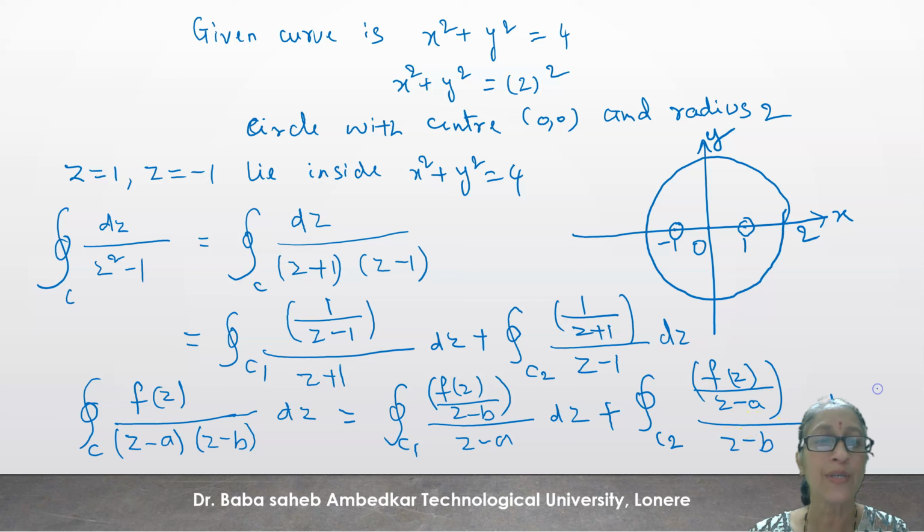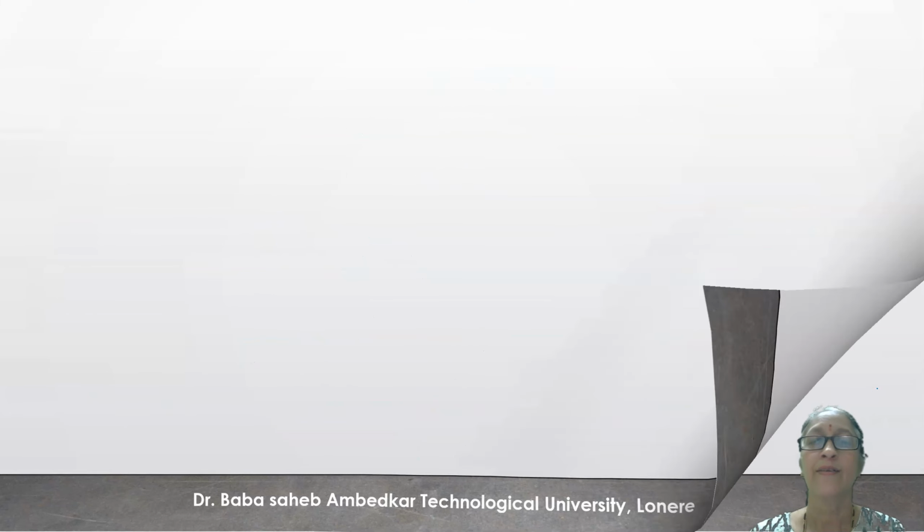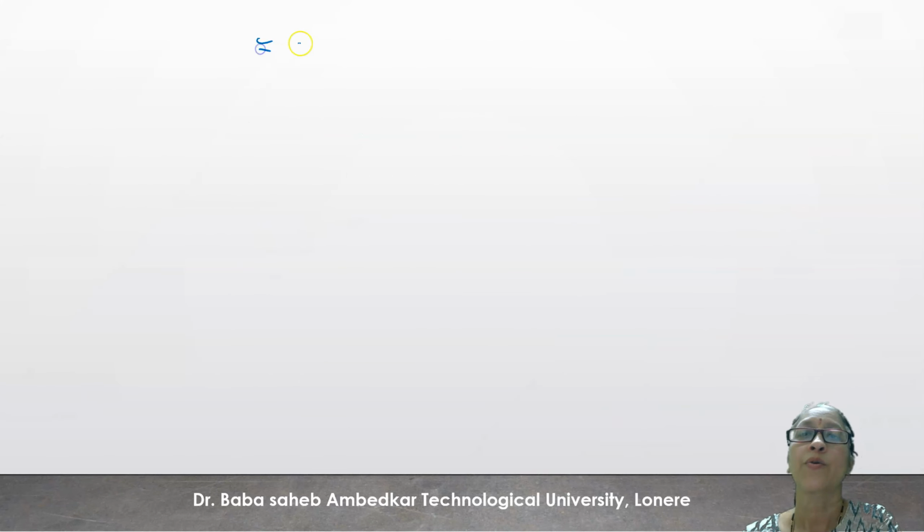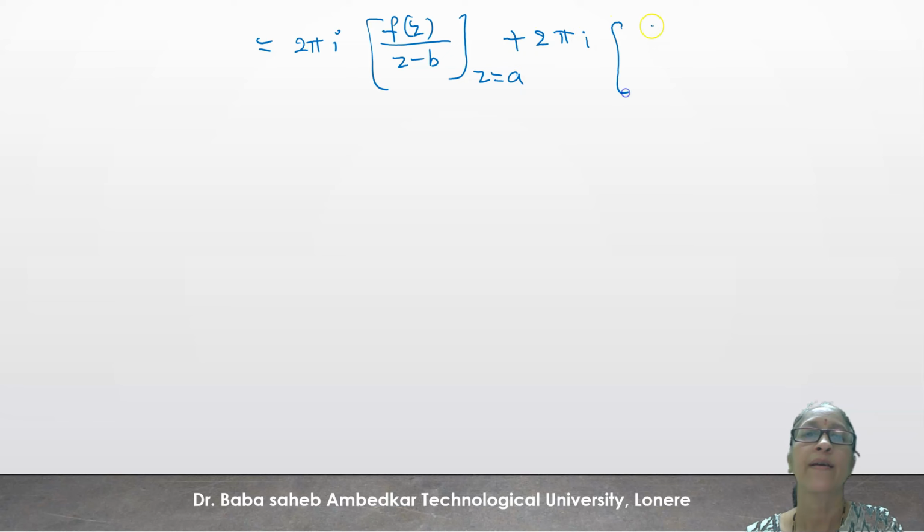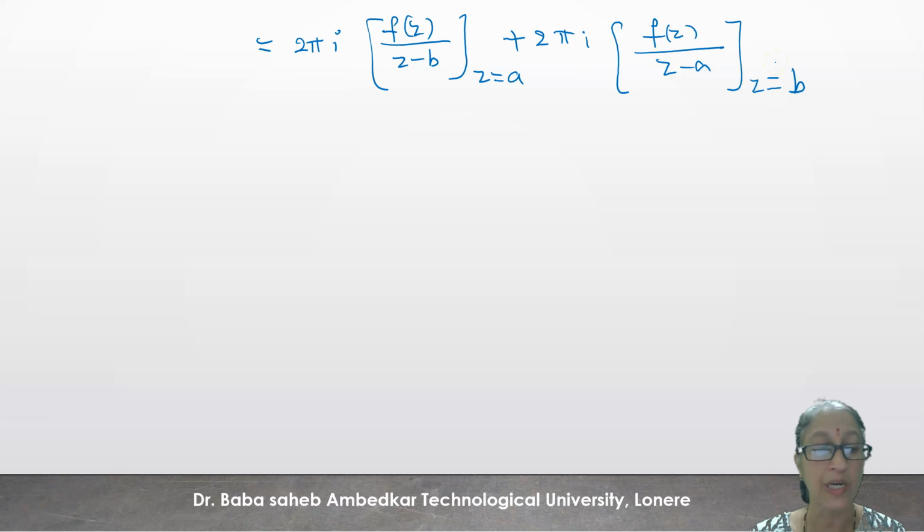Then according to this formula, what do you get here? Which is equal to 2 pi i, here f of z by z minus b at z equal to a, plus 2 pi i f of z by z minus a at z equal to b. We have to apply this formula.